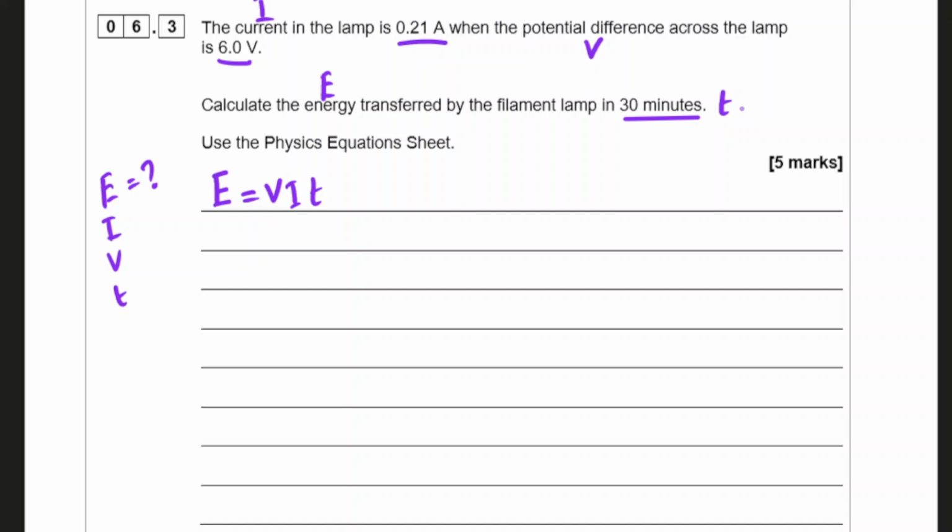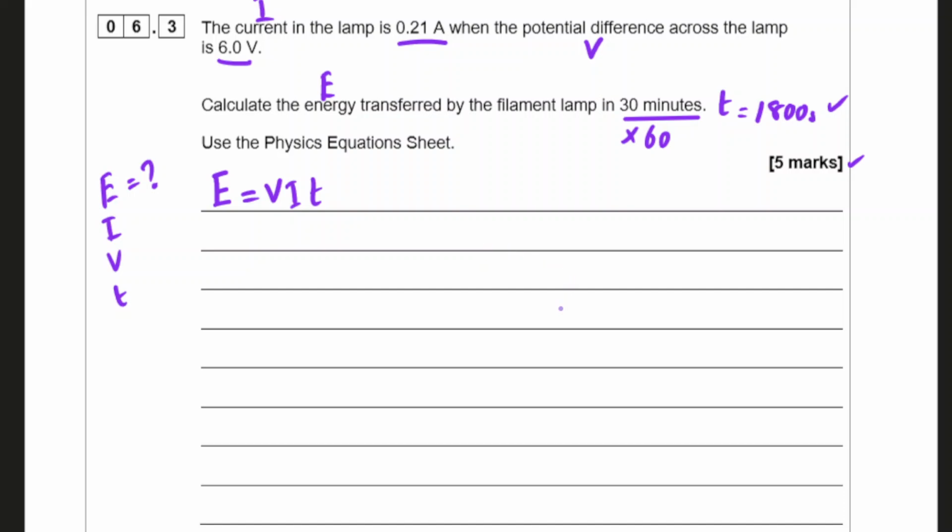Now the time needs to be in seconds. So 30 minutes multiplied by 60 should give me 1,800 seconds. That gives me 1 mark out of the 5 marks.